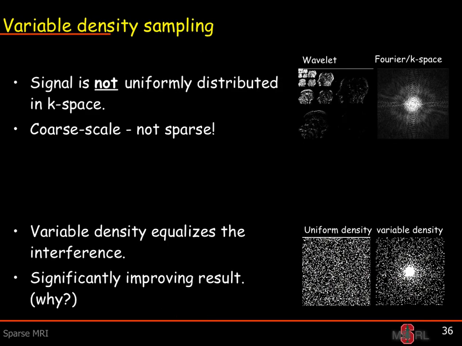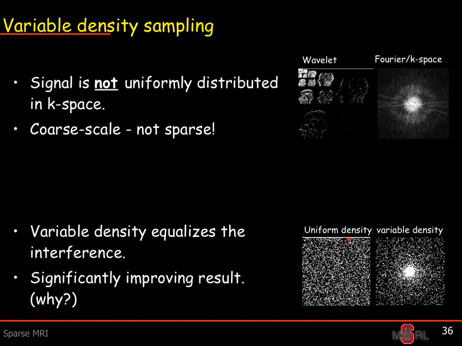Now, one critical consideration here is that signal is generally not uniformly distributed in k-space. That is, the coarse scale is generally not sparse, right? If you look at any real-world signal, yes, it'll be sparse in the higher frequency coefficients in k-space, and usually in the finer detail coefficients of some transform, for example the wavelet transform. But it will actually be fairly dense in the middle and not very sparse. So what we can do to compensate is to use variable density measurement trajectories, which equalize the interference between the low frequency and the high frequency signals.